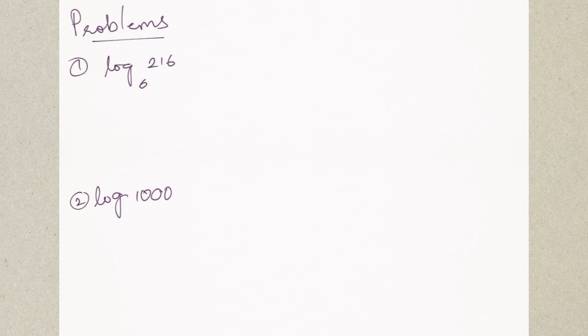First we have the logarithm of 216 to the base 6. How will we write this? 216 is 6 cube and the base is 6. According to the law, you all know this law, right? Log a power m to the base a is nothing but, I'm so sorry, m log a to the base a.